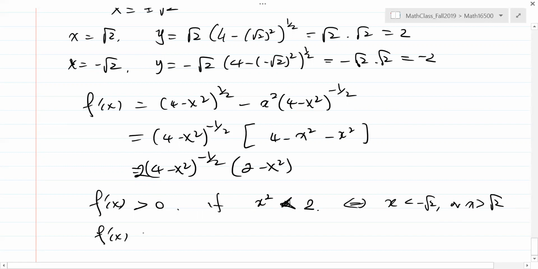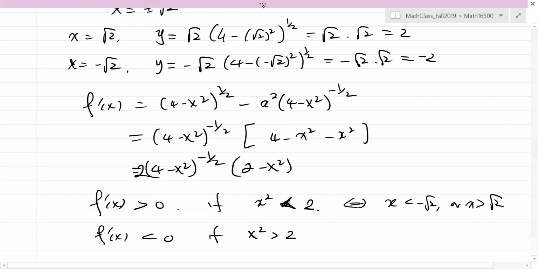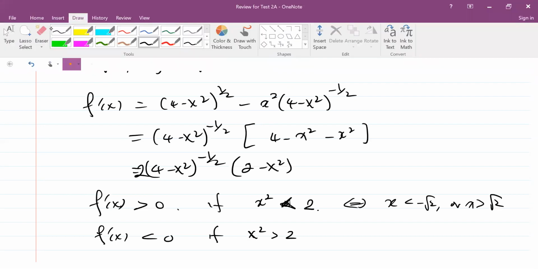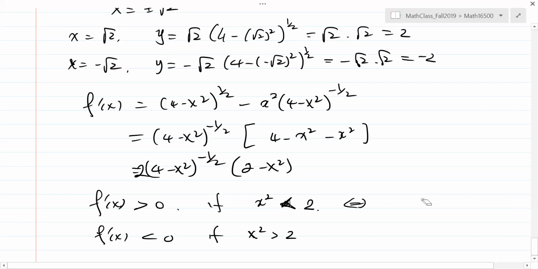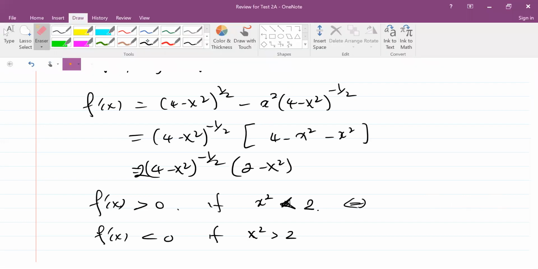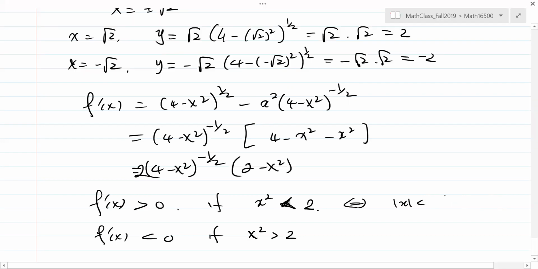The derivative is negative if x squared is greater than 2, which is x less than negative square root 2 or x greater than square root 2.